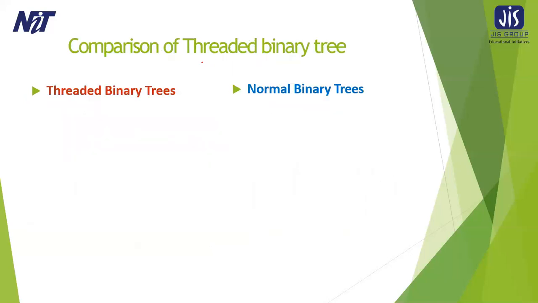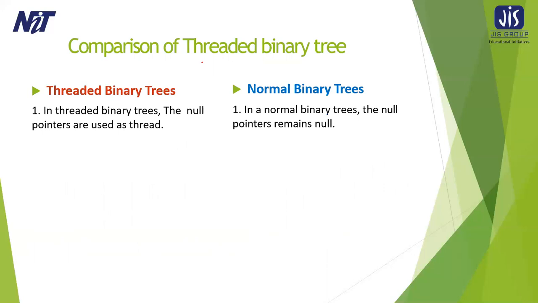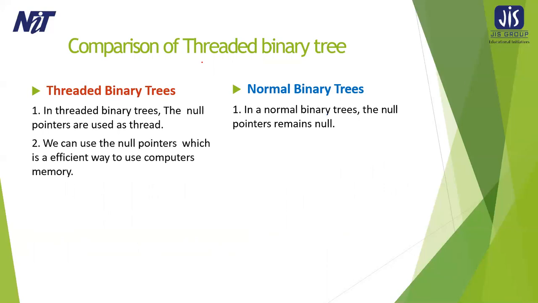Now we have to compare our threaded binary tree with the normal binary tree. In a threaded binary tree, the null pointers are used as threads, but in a normal binary tree, the null pointers remain null. We can use the null pointers, which is an efficient way to use the computer's memory.